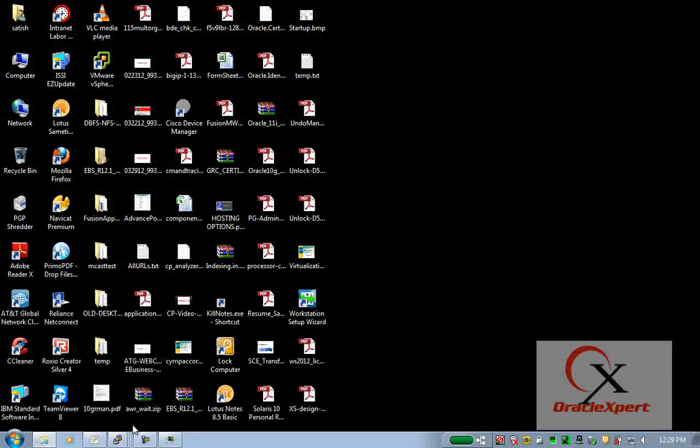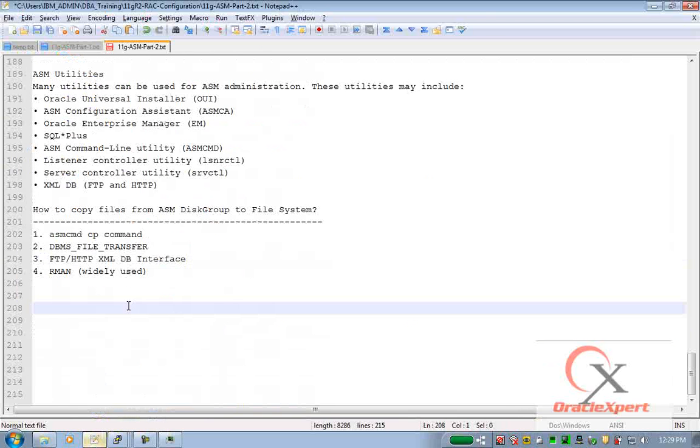So there are multiple different ways using which you can copy a file from an ASM disk group to a file system. On the local server, use the cp command. On the local server, use RMAN backup. If you want to do it remotely, use DBMS_FILE_TRANSFER. If you want to do it remotely, use the FTP HTTP interface. The only problem with the FTP HTTP interface is if you bounce the database, the listener will stop listening on 7070 and 7171.